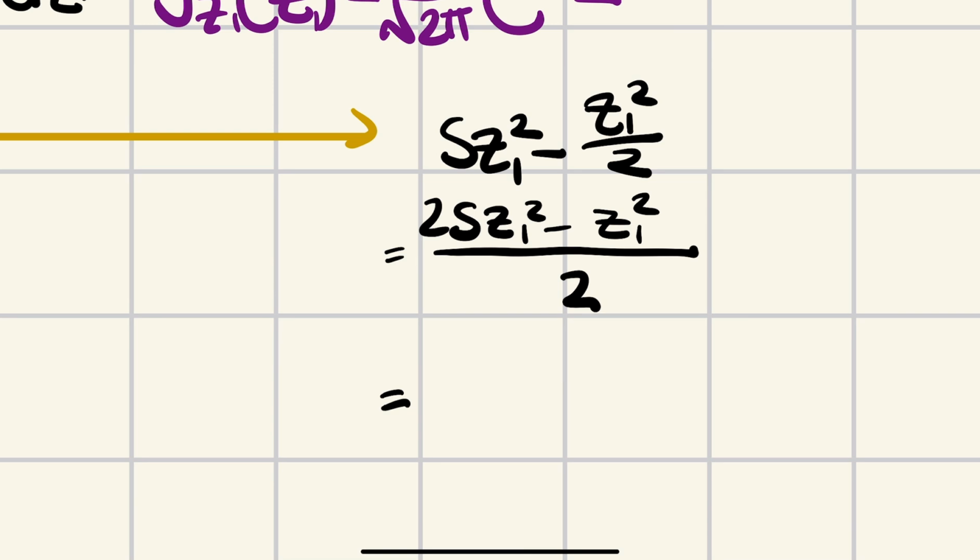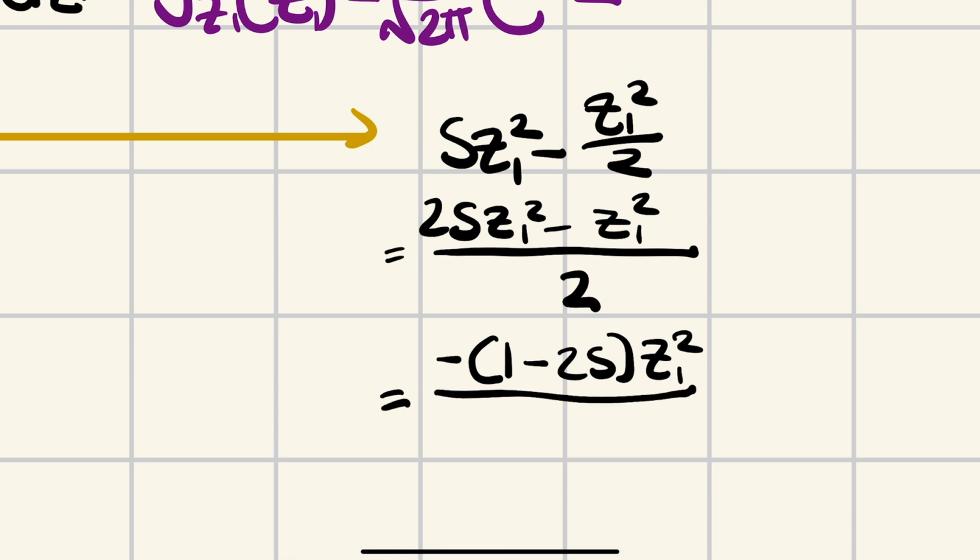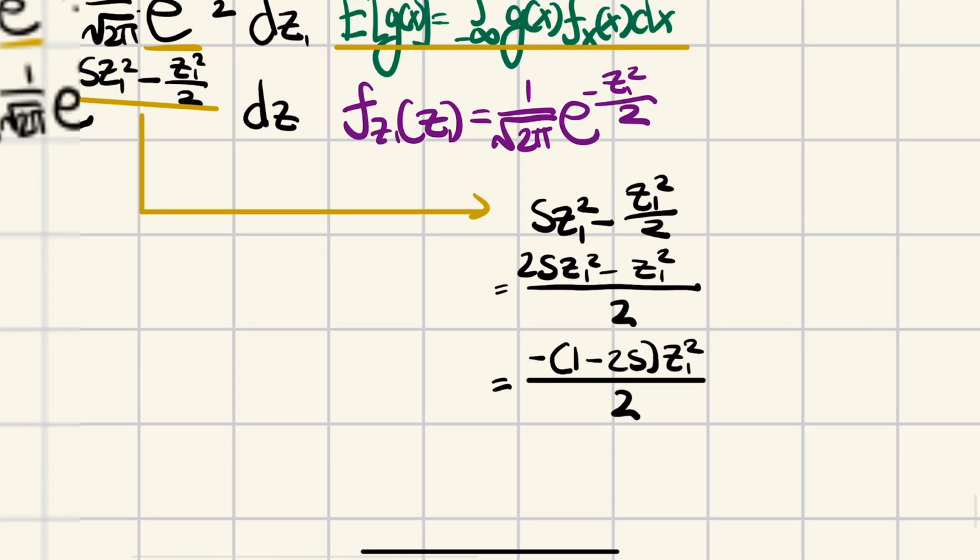Actually, since we want to keep the negative, you'll see why, it's negative 1 minus 2s times minus z1 squared over 2.